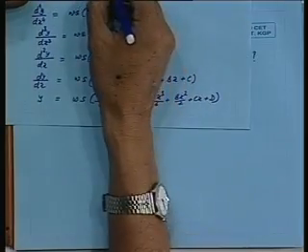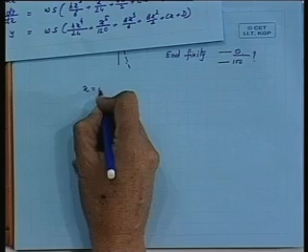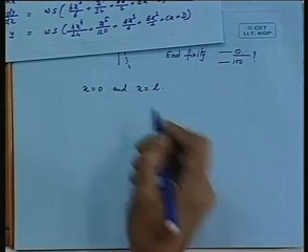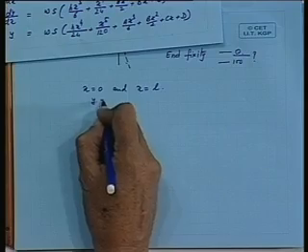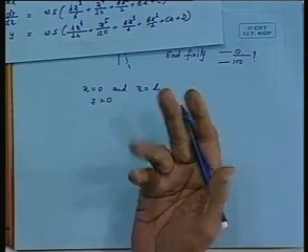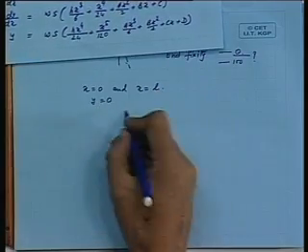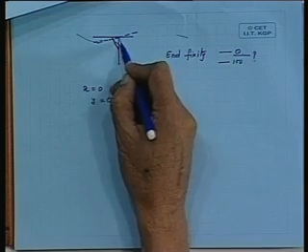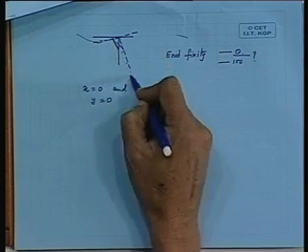At x equal to 0 here and x equal to L here, we say y is equal to 0, it has to be 0, it is connected there, and also the relative slope is 0.